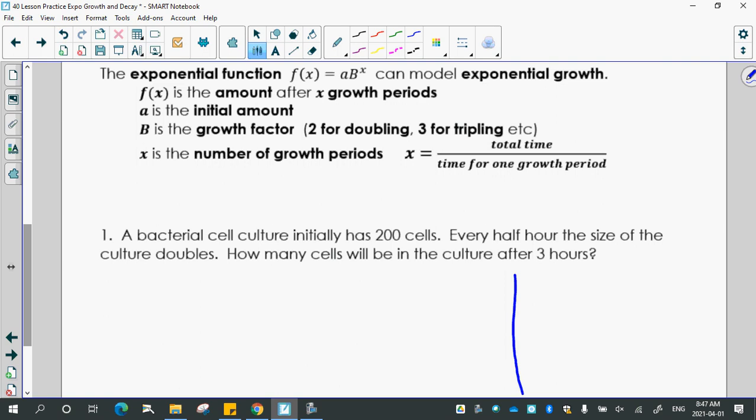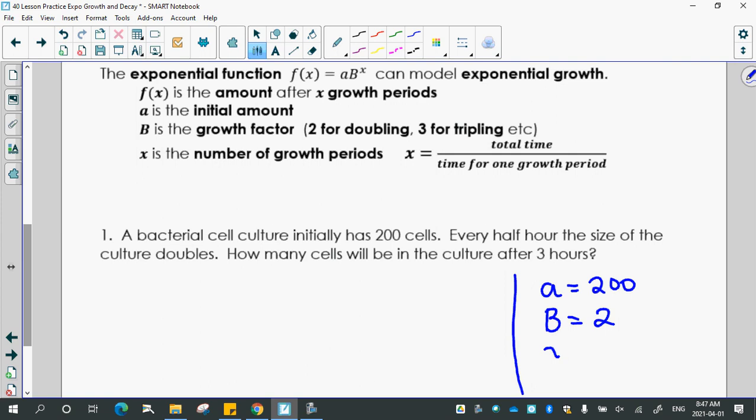You have the initial amount. Yes. Perfect. Any other things we know? The growth factor, so B is, because we're doubling, B is 2. Can we calculate X, the number of growth periods?